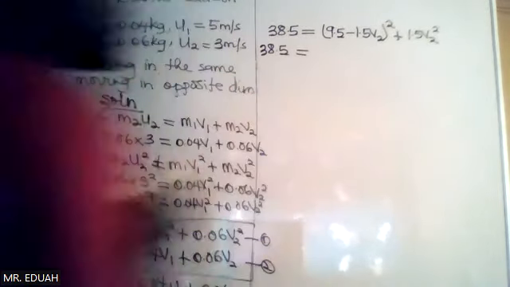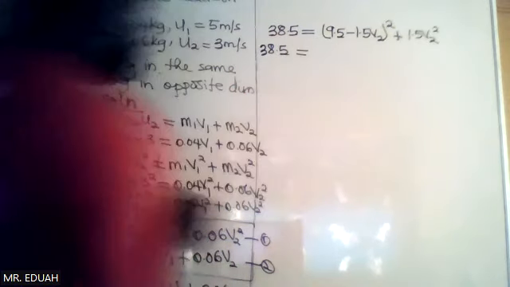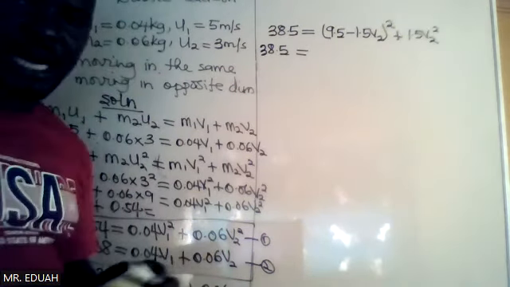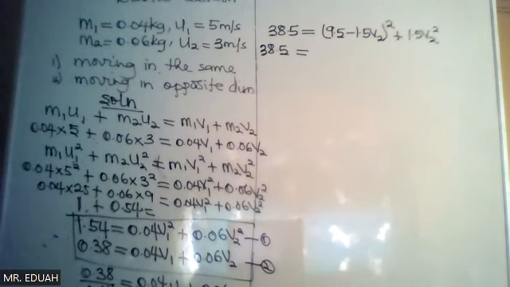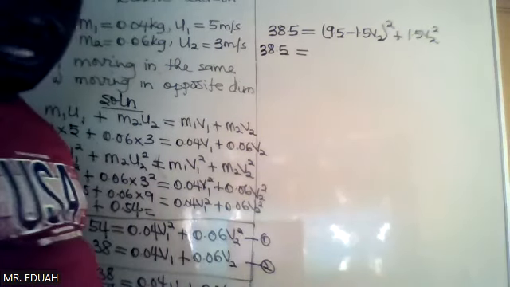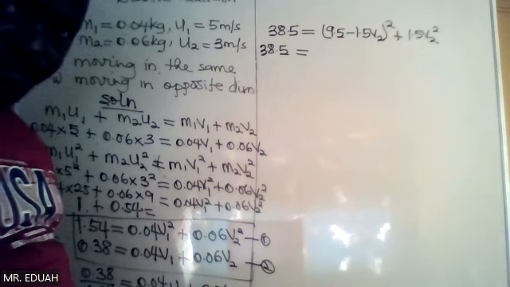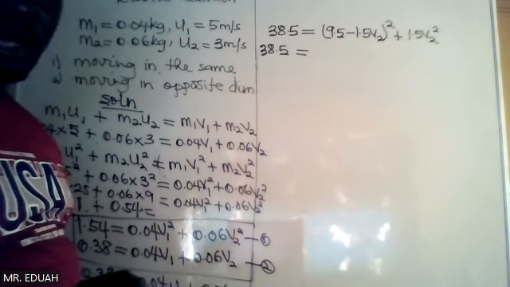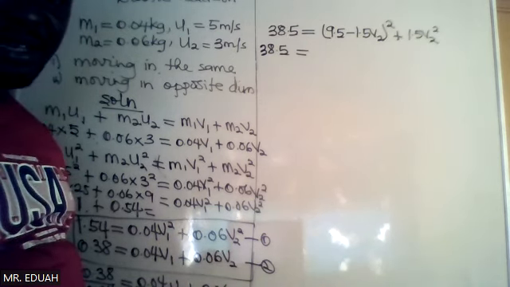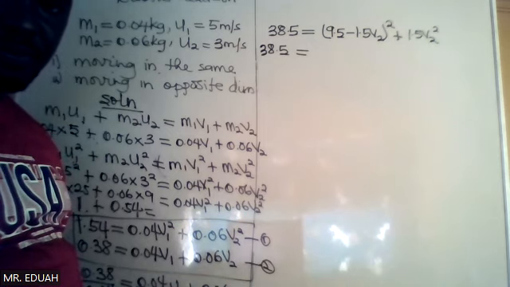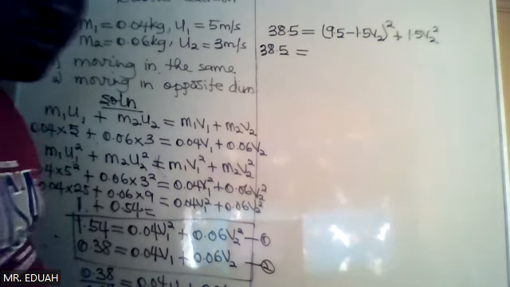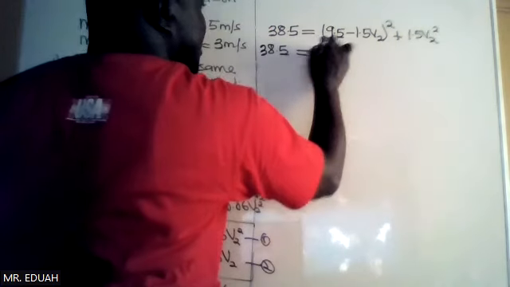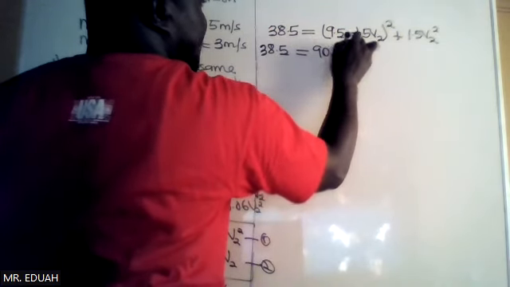So we square 9.5. What is 9.5 squared? 90.25.